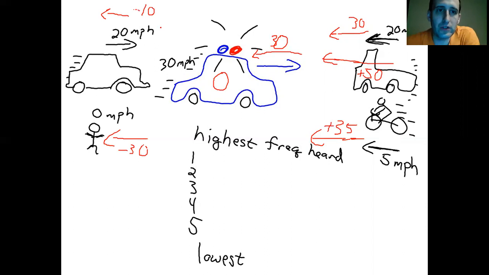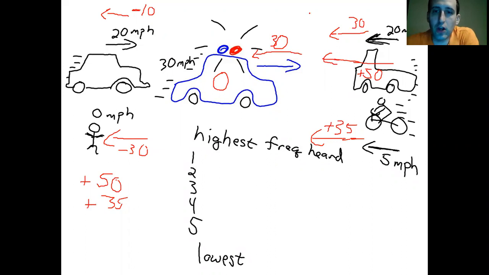And of course, the police car has a 0, which is neither positive nor negative. So now we look at our 5 numbers, and we put them in order from largest to smallest, because the truck is moving toward the police car at 50 miles an hour.